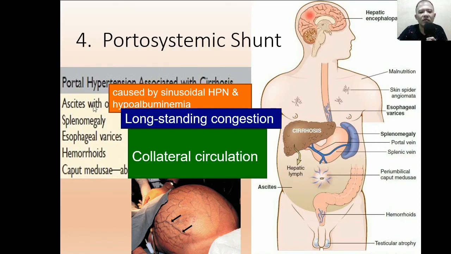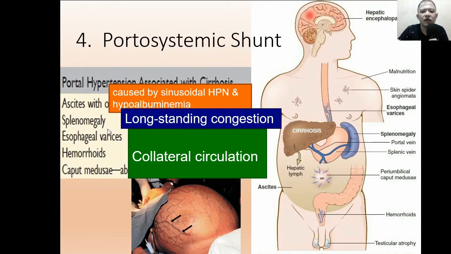And secondarily, ascites can also be caused by hypoalbuminemia. So there is number one, increased hydrostatic pressure, but you also have decreased oncotic pressure that is caused by hypoalbuminemia.